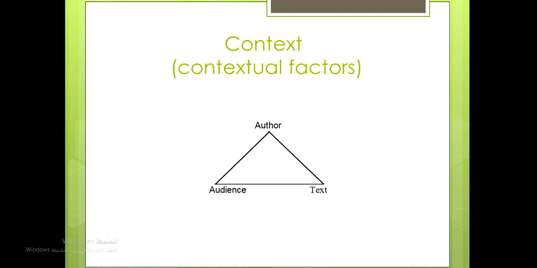Usually we focus on the text when we deal with authoritative text such as legal or maybe economic text, in which every single item is very important and you cannot manipulate or change any item, because any changes may lead to some transgression or deviation from the source text.